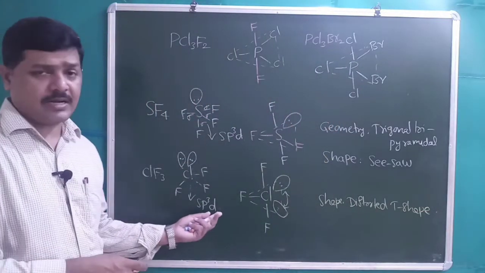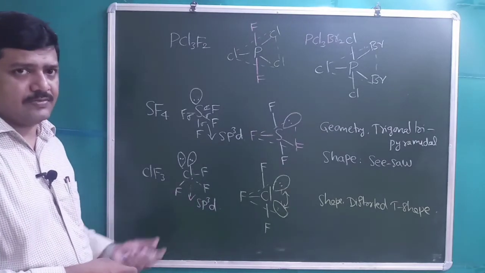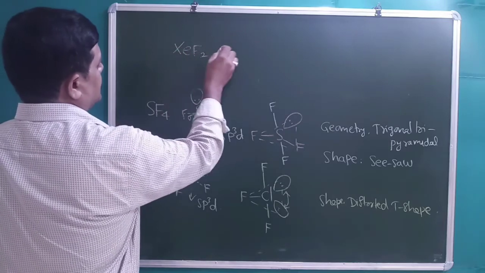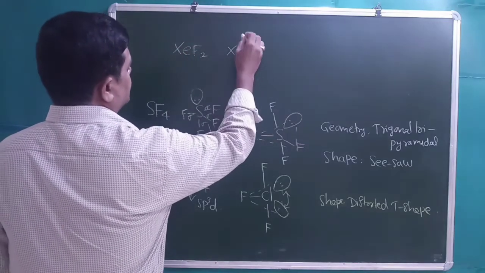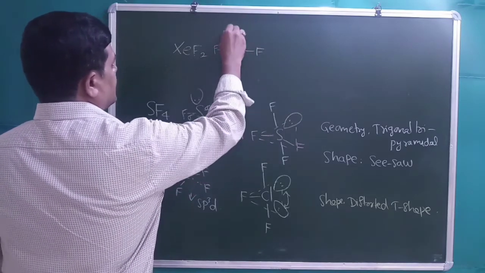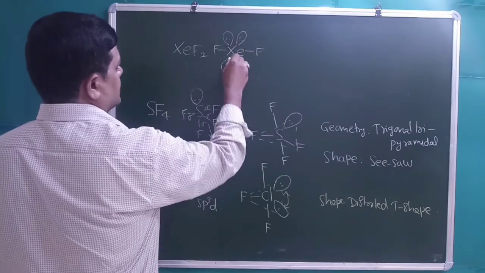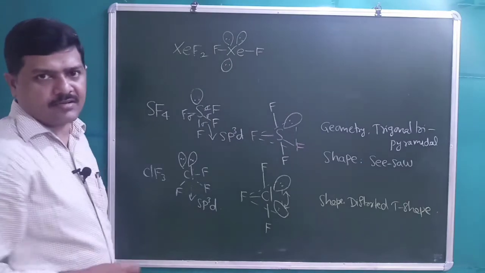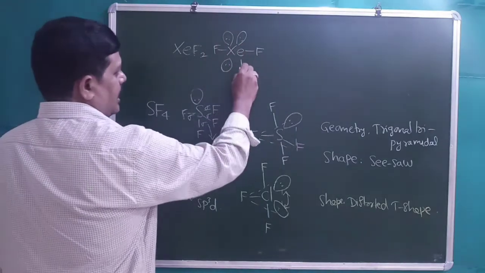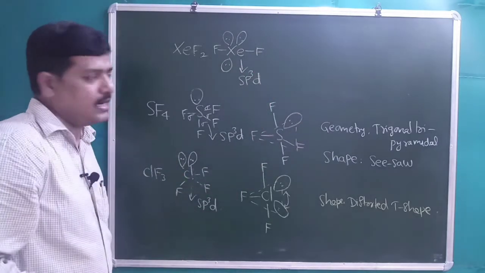Students, one more type is also possible, XeF2, which we will discuss now. Xenon is an 18th group element. After making 2 bonds with the 2 fluorines, it has 6 electrons in the valence shell, 3 lone pairs of electrons. So 1, 2, 3 lone pairs, 2 bond pairs. Hybridization is sp3d, right?